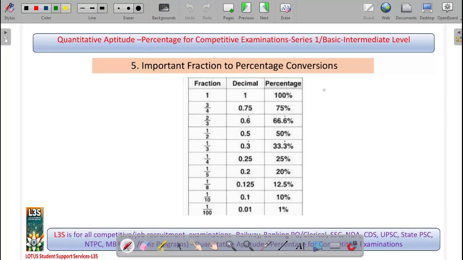If it is half, decimal will be 0.5 and percentage 50%. If it is 1 by 3, decimal will be 0.3 and percentage 33.3%. If the fraction is 1 by 4, decimal will be 0.25 and percentage will be 25%, and so on. So you have to remember this table, as in the exam time will be very limited, then it will be very useful.